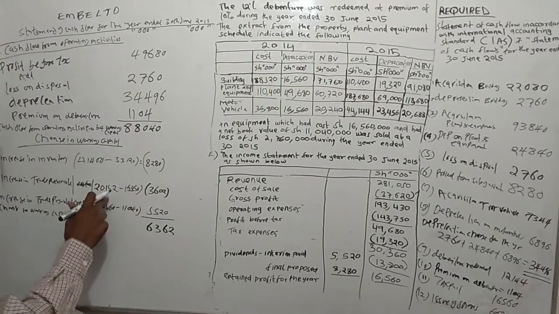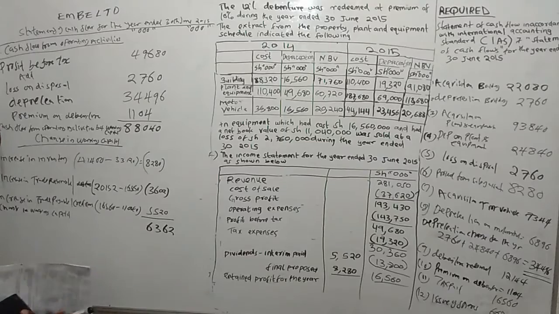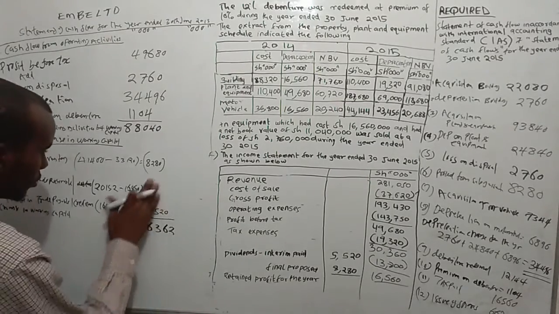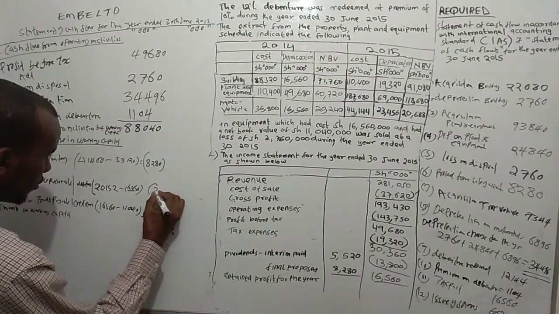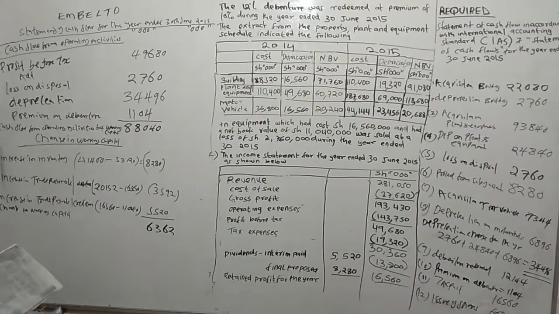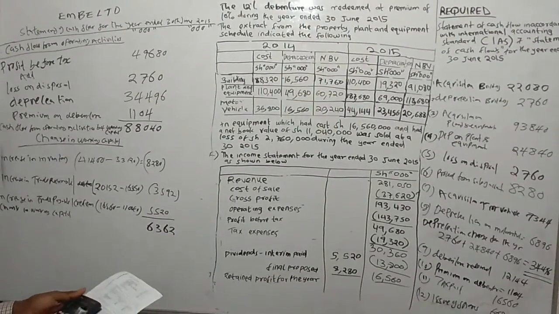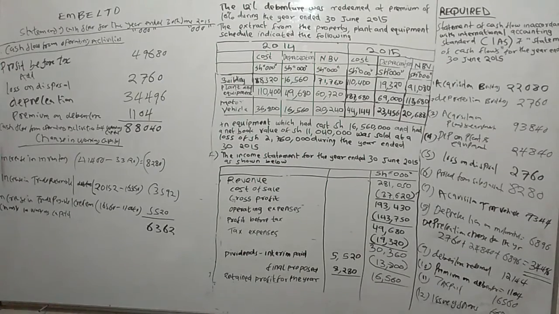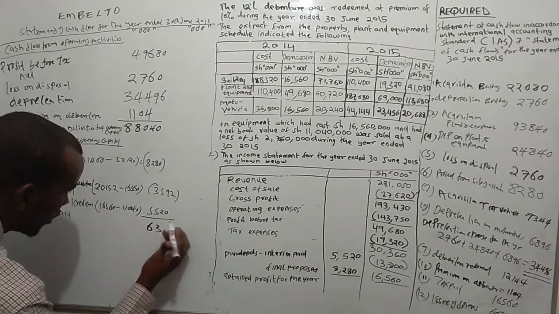If I subtract 20,152 from 16,560, I'm getting 35.92. So let's repeat the change in working capital: 35.90 minus 82.80, subtract 35.92, then add 55.20, getting 63.52.